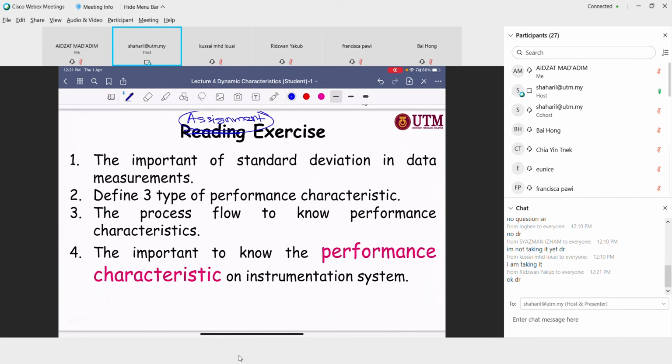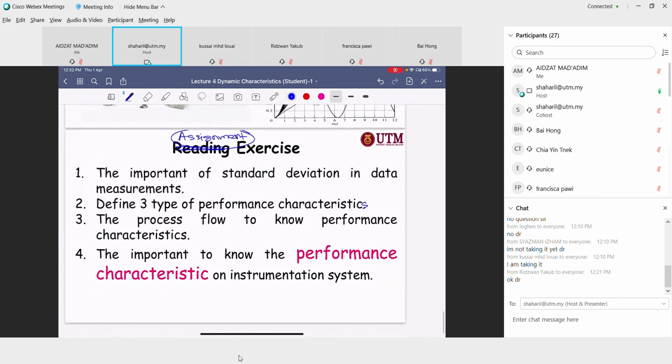And then define the three types of performance characteristic. We have learned that today. And then number three, the process flow to know the performance characteristic. So what is the process to know the performance characteristic? And then the importance of knowing the performance characteristic. Why do we need to know the performance characteristic?